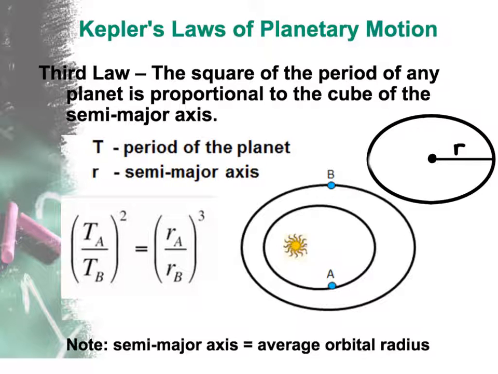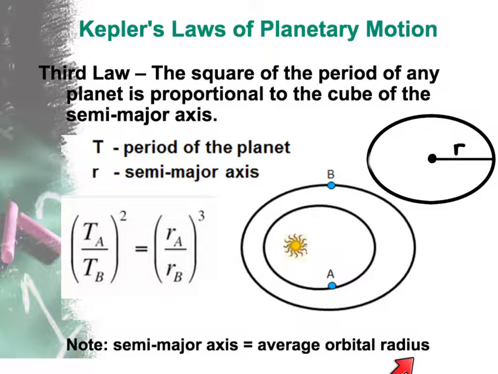Now, for all intents and purposes, when you go to actually look up in your table of astronomical data, you're not going to actually be given the semi-major axis. What you're given instead is what's called the average orbital radius.